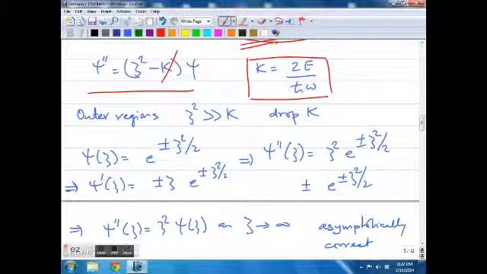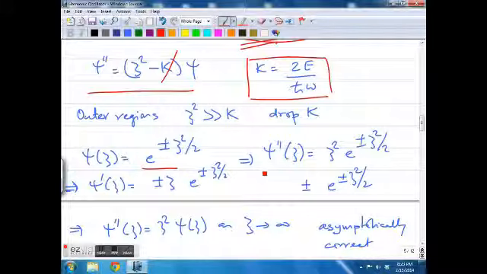Now I claim that in this region, this equation is solved by two functions, which are given here, e to the plus or minus xi squared over 2. It's solved in the following sense: if I take this form for the wave function and find its second derivative, what I will find is what is written here.